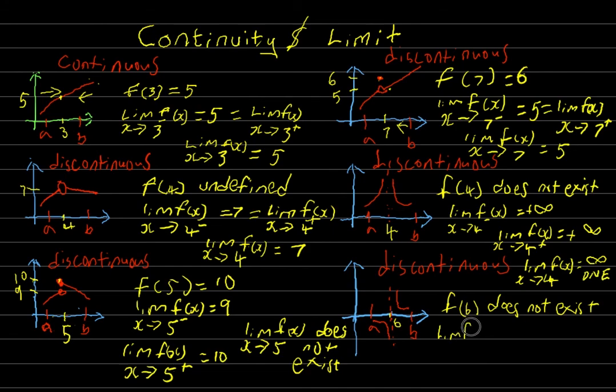Therefore, the limit of f of x as x approaches 6 from the left hand side, we can see from the graph that it is going downwards towards negative infinity, and the limit from the right hand side as x approaches 6 of f of x is going upwards, so that is positive infinity.